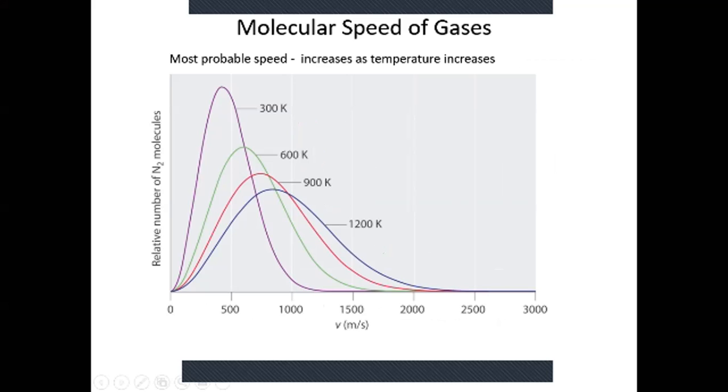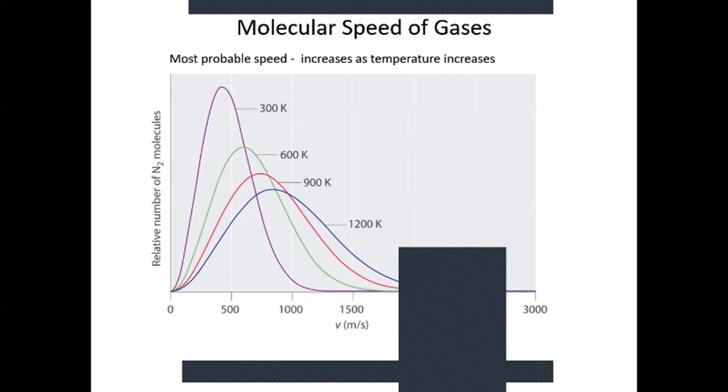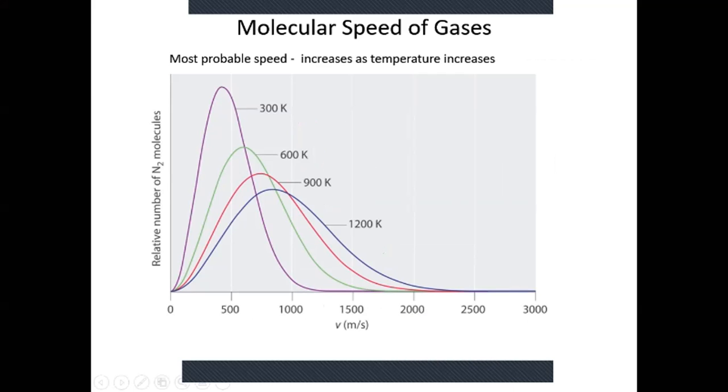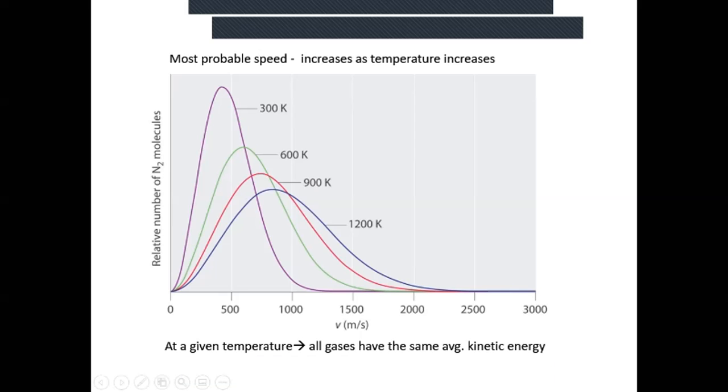So when we talk about gases, we need to talk about the speed of gases. And what we refer to mostly is the most probable speed. The most probable speed is generally the apex of the curve you see here, of each line in the curve. And so this is the most probable speed shown here.